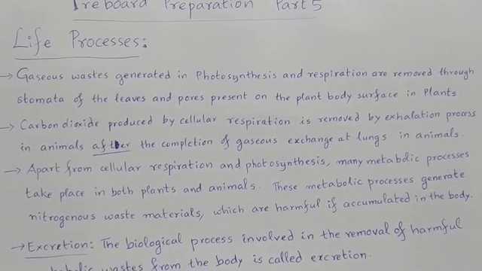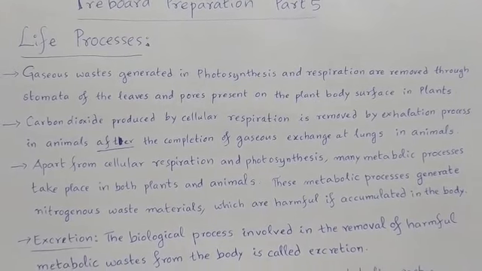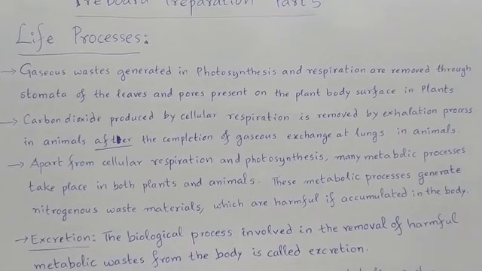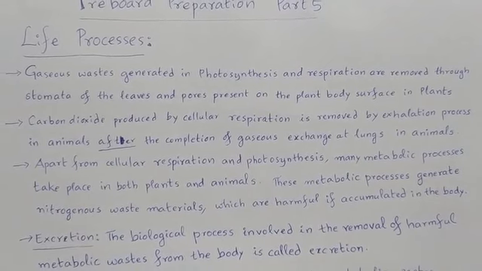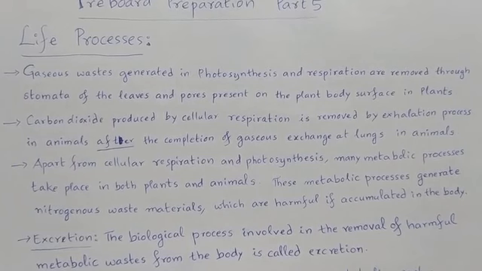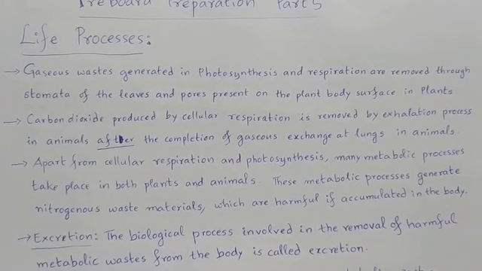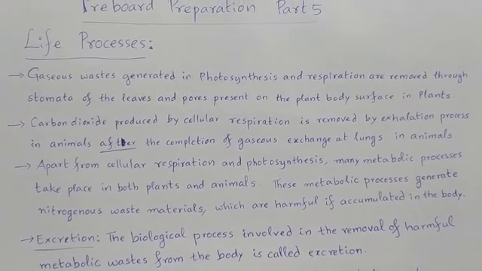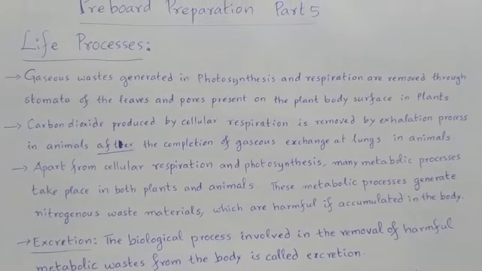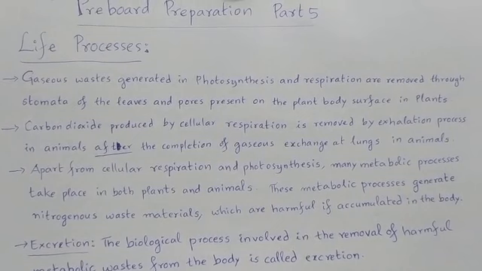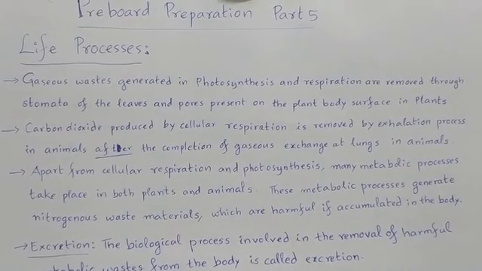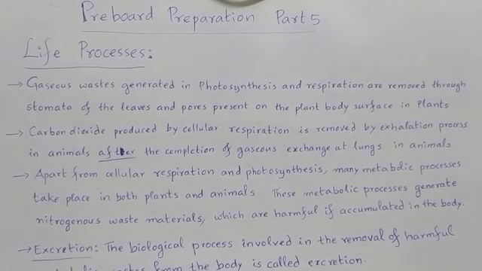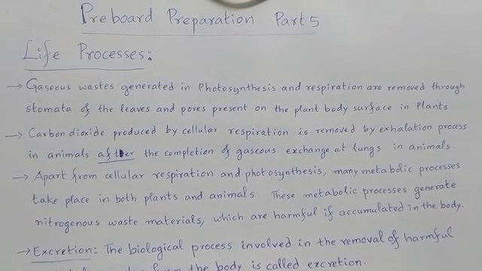In our body and in the bodies of plants, many waste materials are generated in different processes. If you observe the plants, the chief activities which are studied by us are photosynthesis and respiration. In photosynthesis, the gaseous waste that is produced is oxygen.